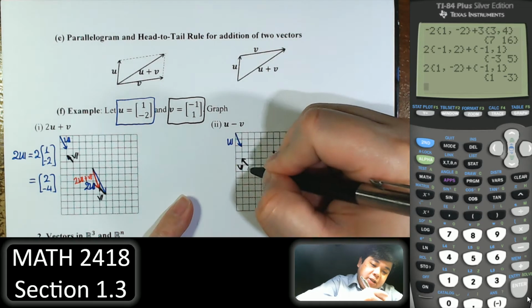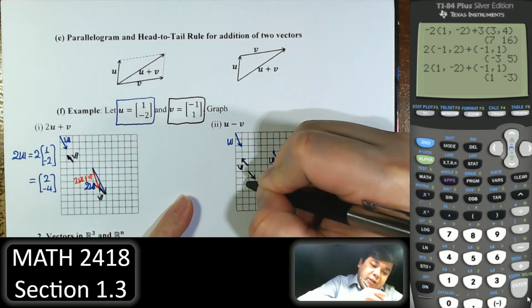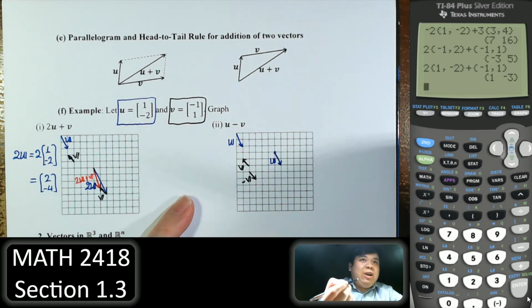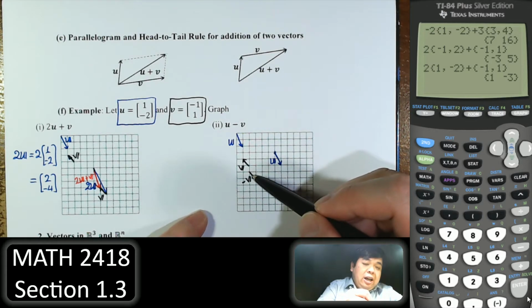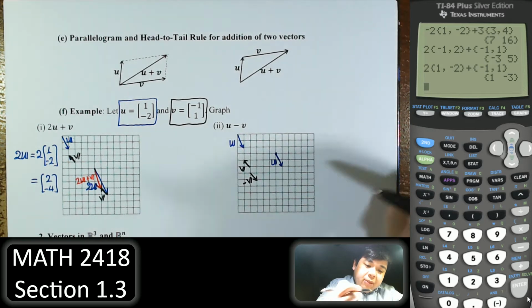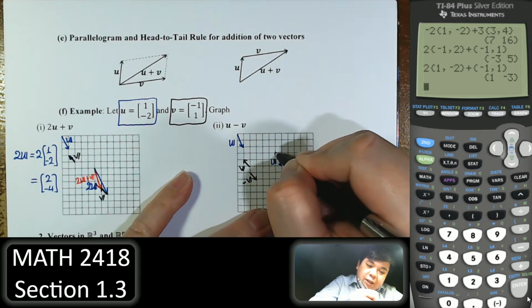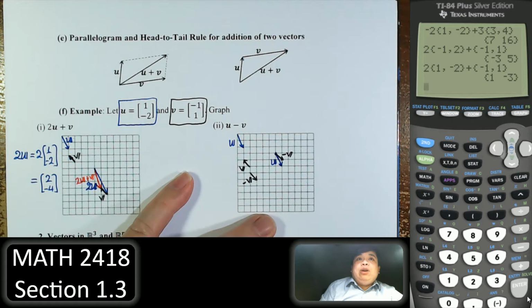If this is v in that direction, then this is negative v. I said a vector has no location, so I can draw a vector at any point. It only has direction and length. So this is negative v. Now I use the parallelogram.